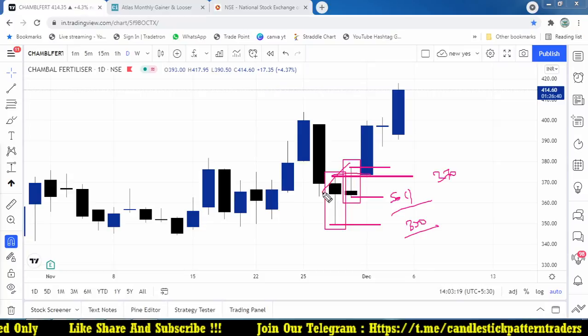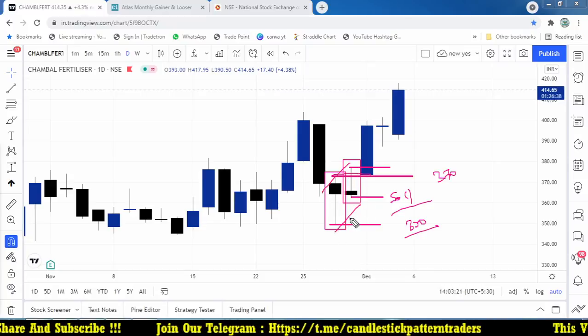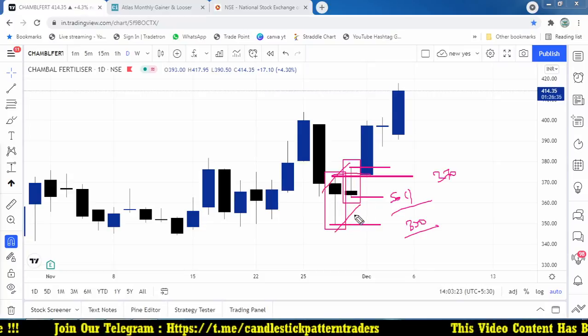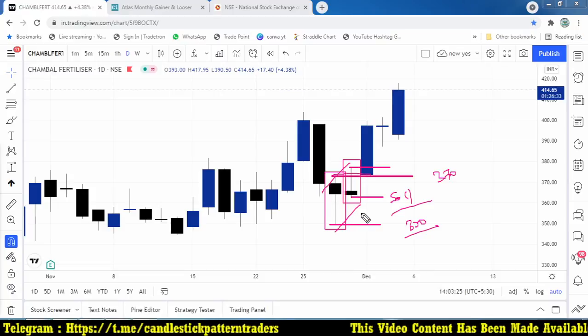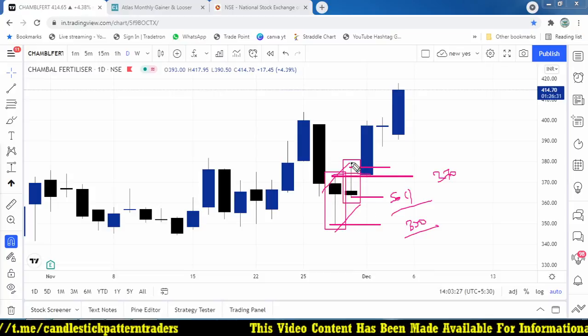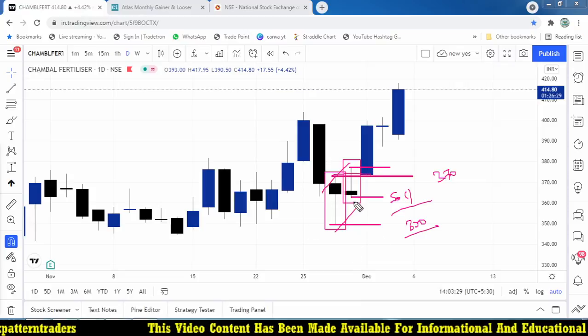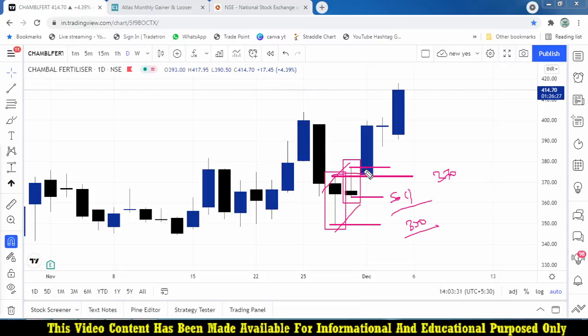But combined, these two candlestick patterns give you a clear idea to take a position on breakout. Combining these two candles, I found a breakout opportunity on December 1st.